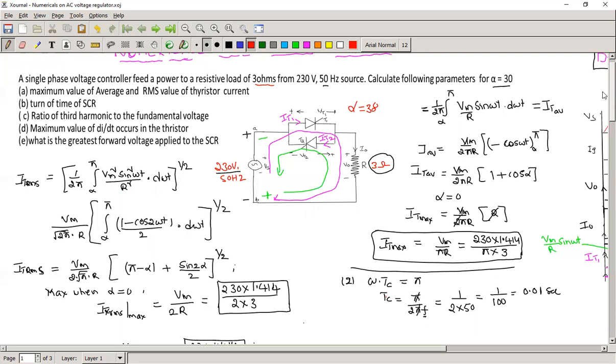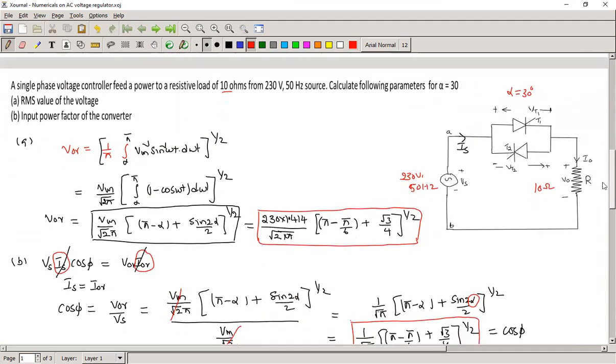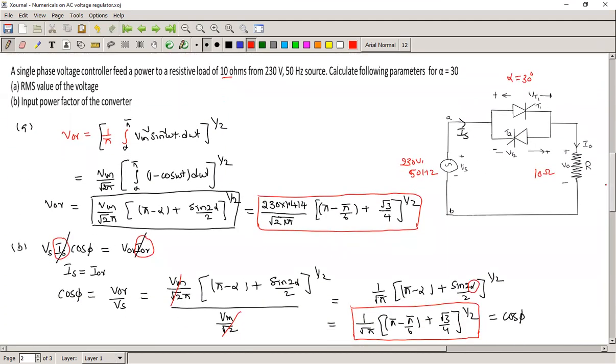That we have not calculated, we will calculate in later classes. We also found the maximum value of di by dt in the thyristor for alpha equal to 30 degrees, and the greatest forward voltage applied to the SCR. Those parameters we calculated. In the second numerical, we calculated the RMS value of output voltage for the resistive load, and next the input power factor.